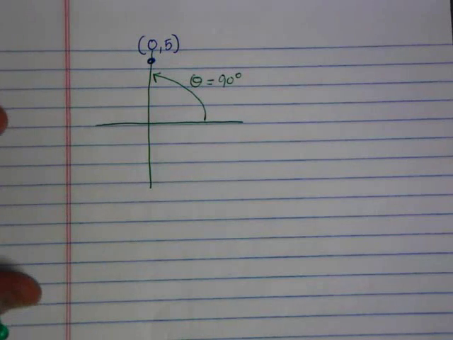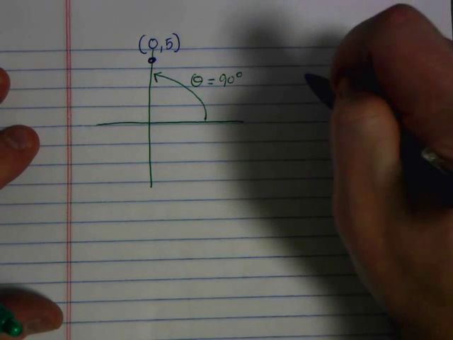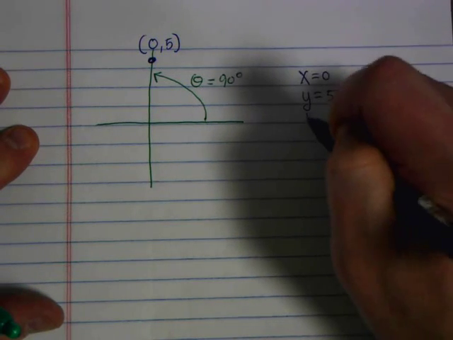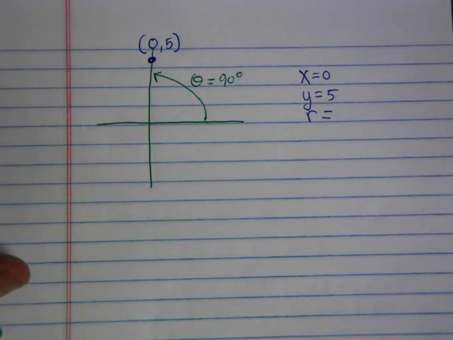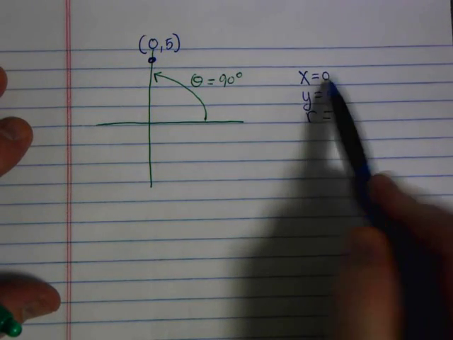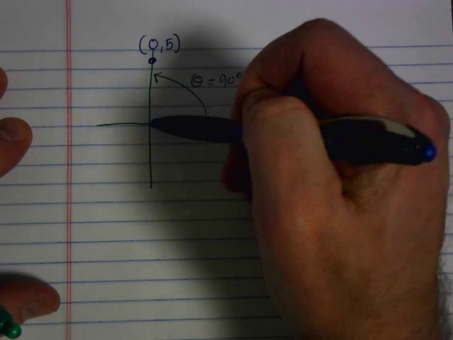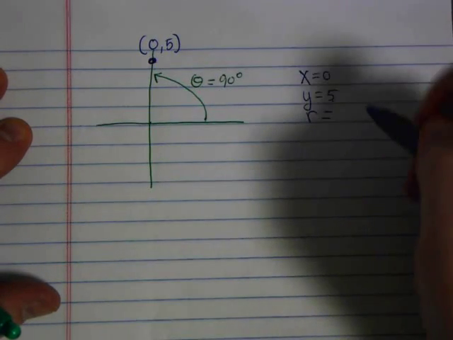So in this case, X is 0, Y is 5, R is 5 also. Why would R also be 5? Because I would do 0 squared plus 5 squared and then take the square root. Or R is the distance from here to there. That distance is 5.